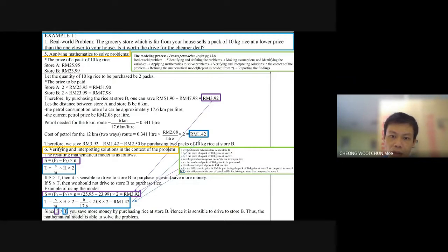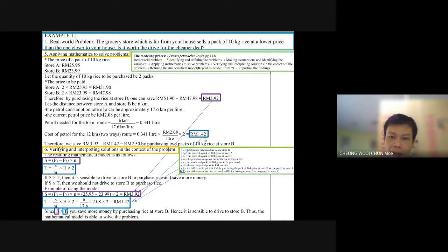So the difference of the price, S, is 3 ringgit and 92 cent. The T, the difference of the cost of petrol, is 1 ringgit and 42 cent, because the store next to your house costs 0 ringgit in petrol.